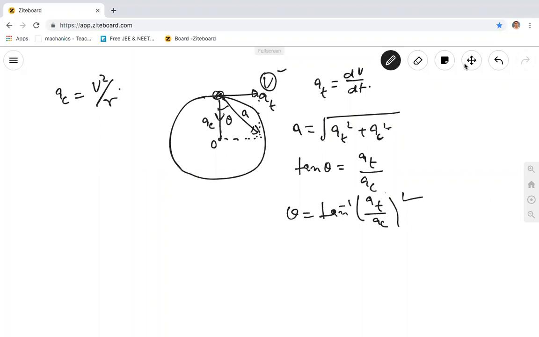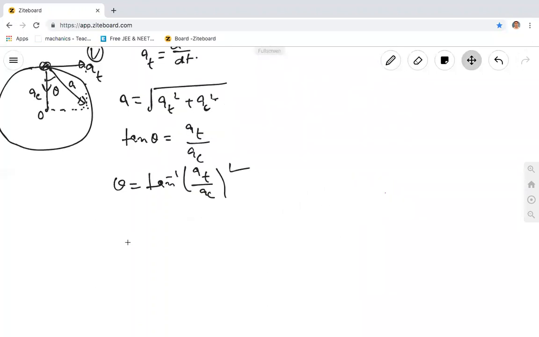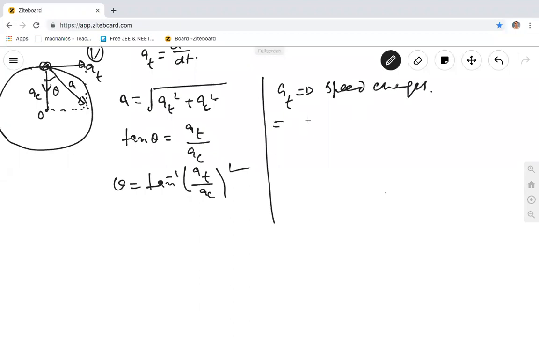Number two: when there is tangential acceleration, that implies the speed changes. If the speed changes, what happens to omega, the angular velocity?